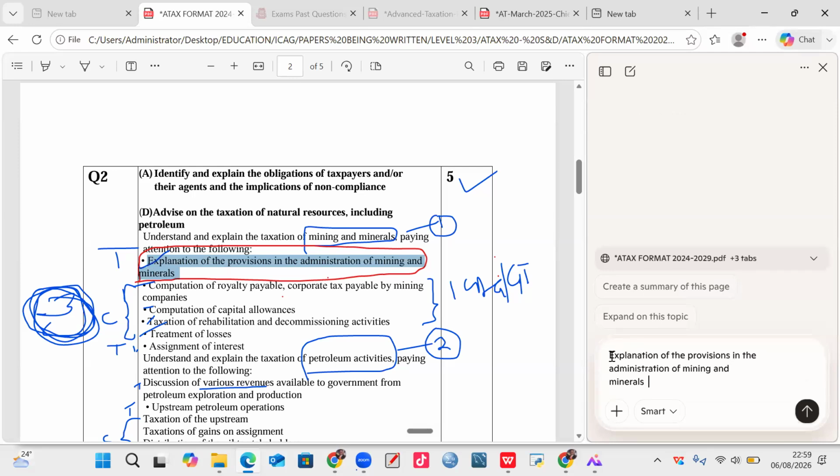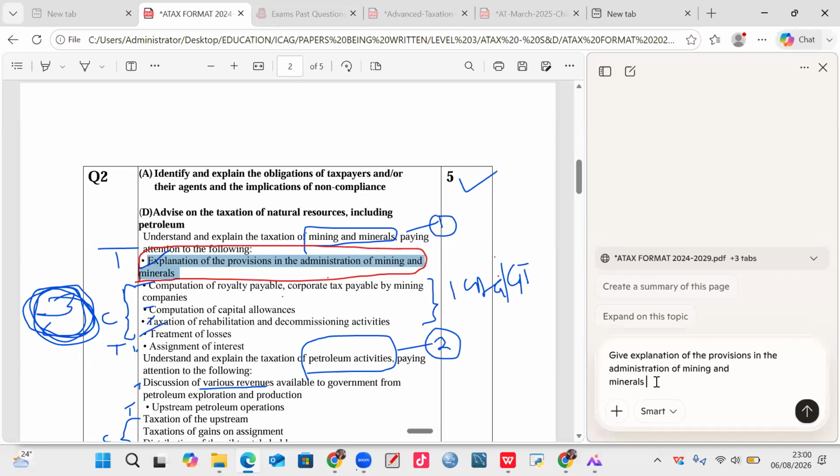So if I say explanation, I have to give it a command or a prompt. A prompt, I have to start with an active verb. Give or provide an explanation of the provisions in the administration of mining and minerals in Ghana. If I just leave it this way, it can give me any information.